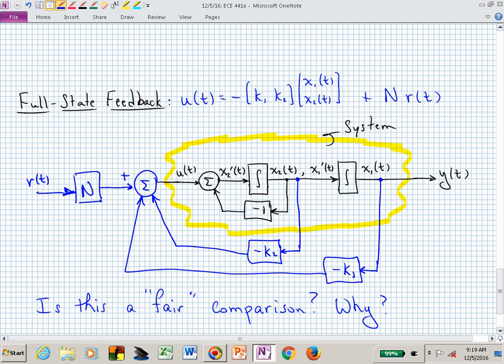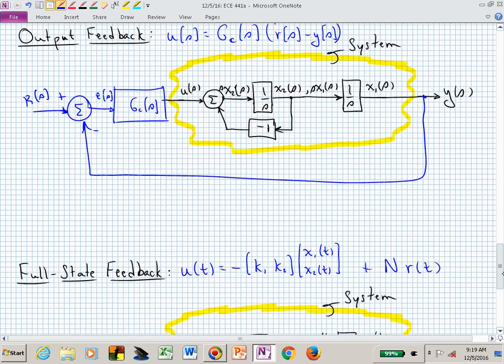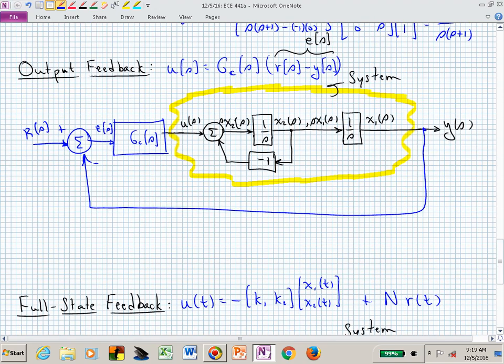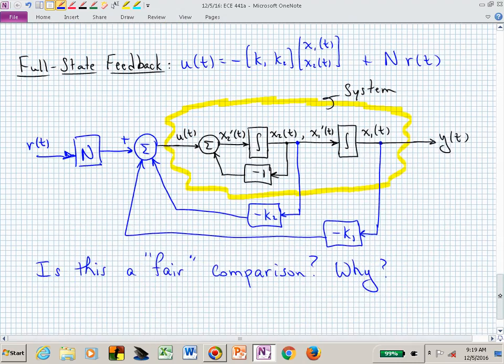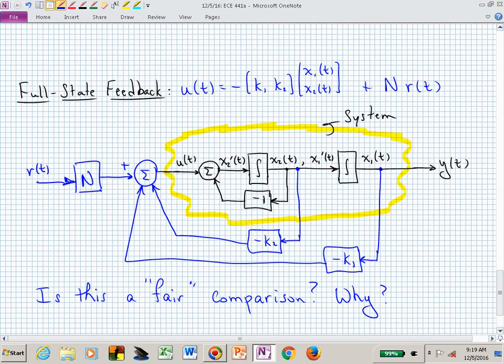And we want to now compare this approach, Chapter 11, the full state feedback, with what we were doing in Chapter 10, which was output feedback. And if we're making this comparison, is this a fair comparison? Or if somebody's asking you, is this fair and why, maybe you want to be asking, what are the differences?